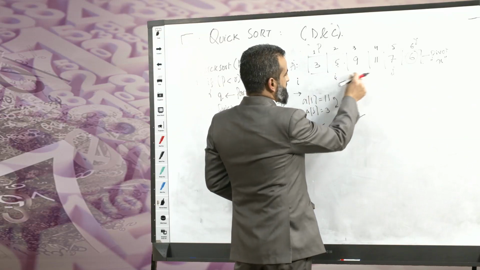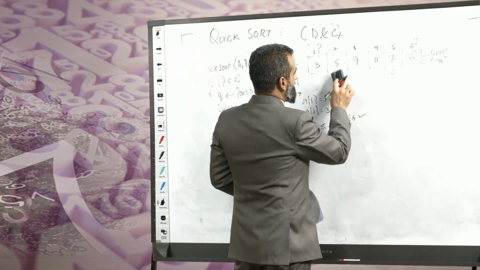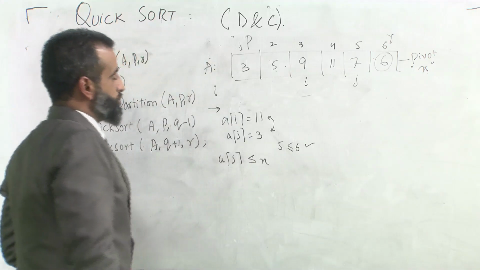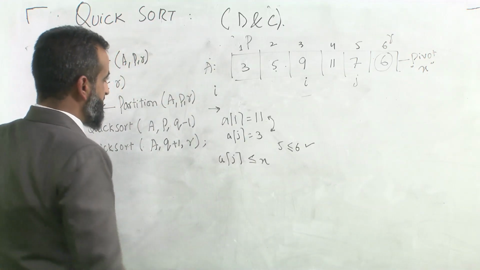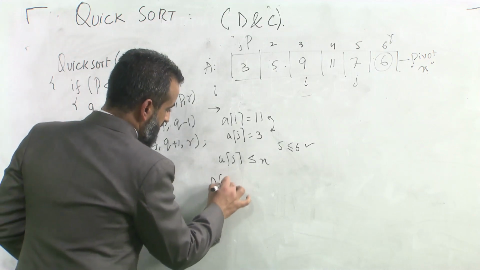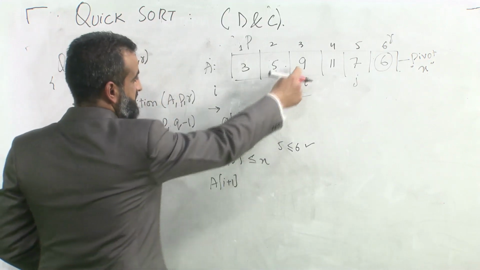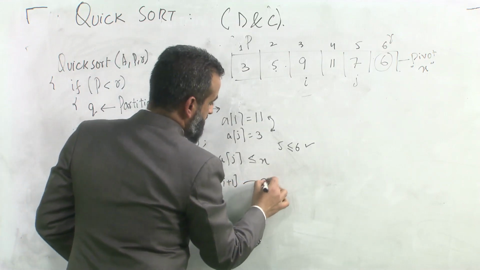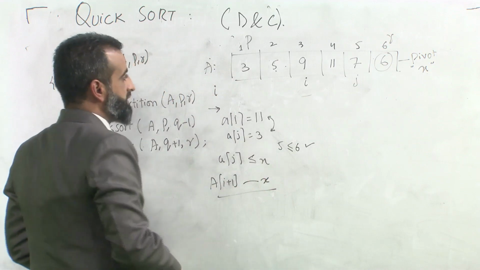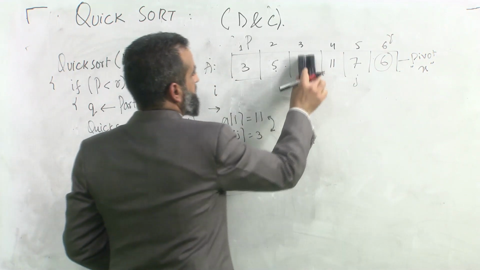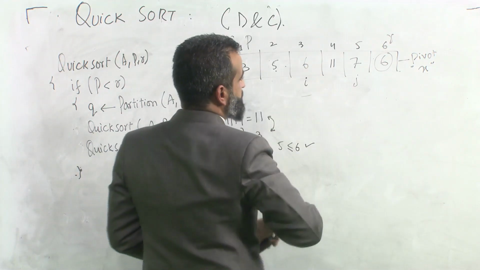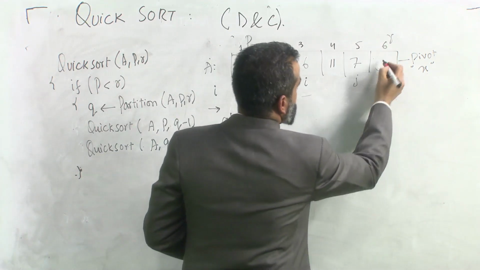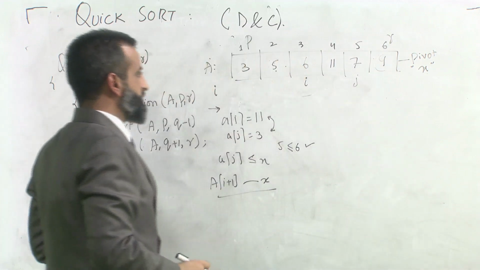We just increment our I, and I will now point towards position 3, and we will now swap A of I plus 1, which is 3 in this case, with X, the pivot element, or A of R. So I made the necessary swap. 6 will come to this position and 9 will come to this position, and that's the end of the first pass.